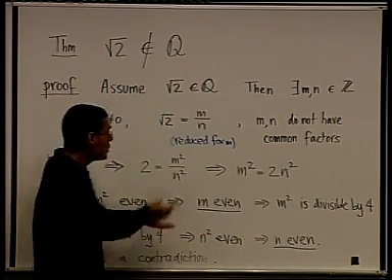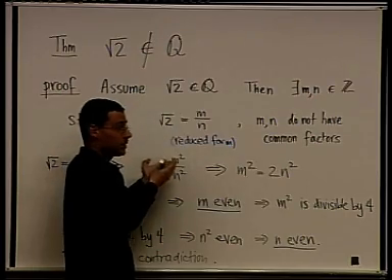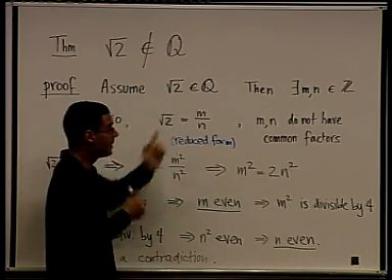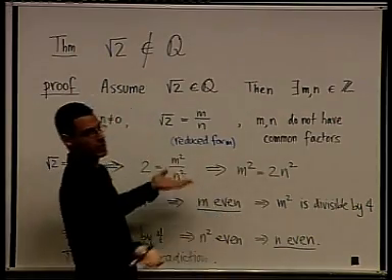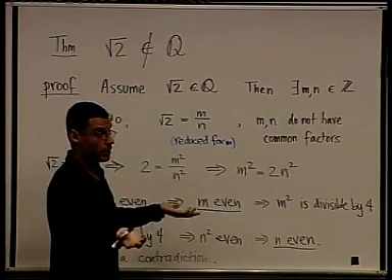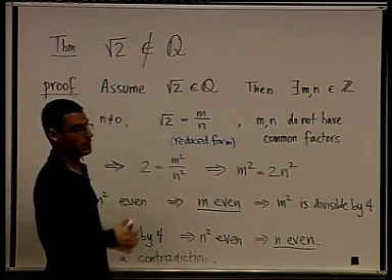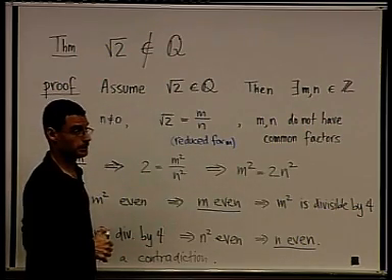But this was a contradiction. You reduce them. They're not both even because they're in reduced form. They don't have any common factors. And magic, they do. That's a contradiction. That cannot be true. So root 2 cannot be a rational number.